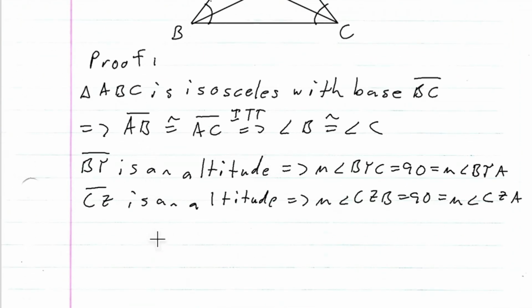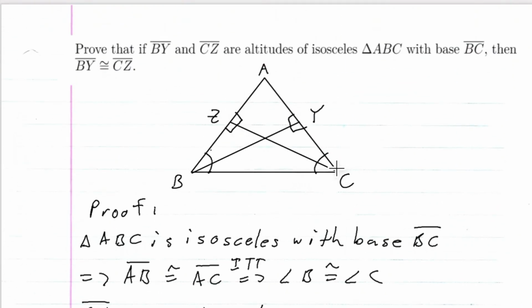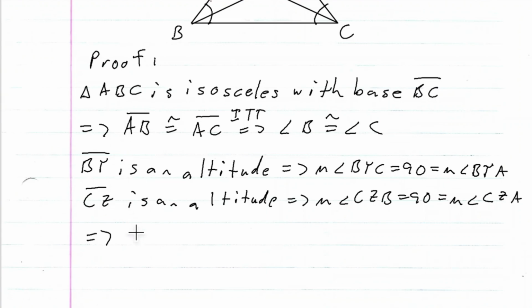So this implies that, specifically, we want that angle CZB is congruent to angle BYC, because they're both 90.